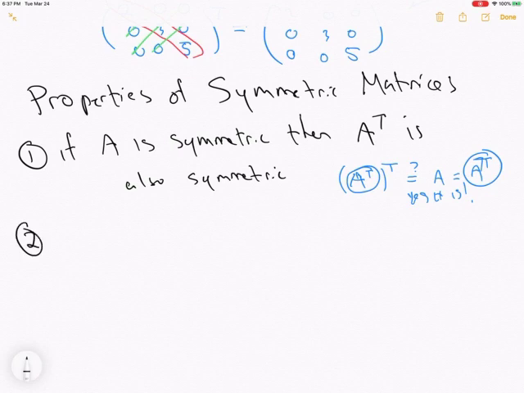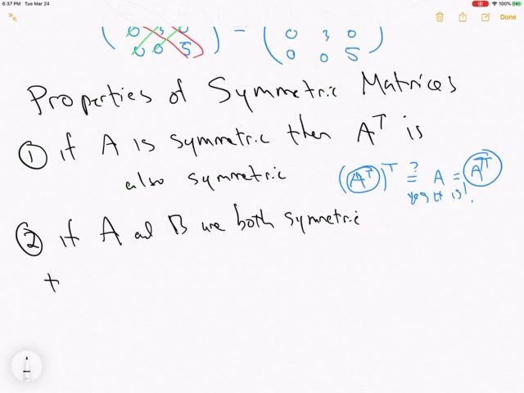The second nice property is that if A and B are both symmetric, then A plus B and A minus B are also symmetric.